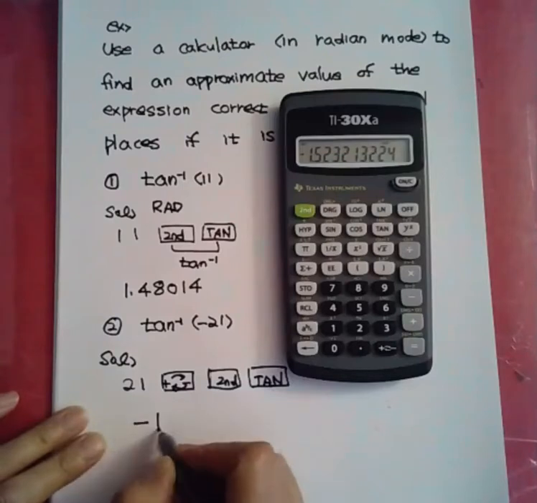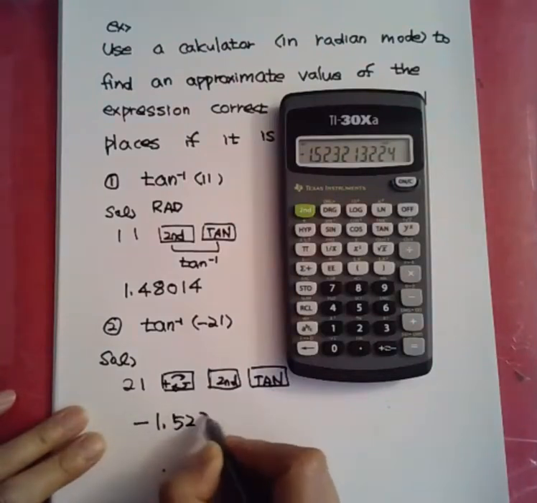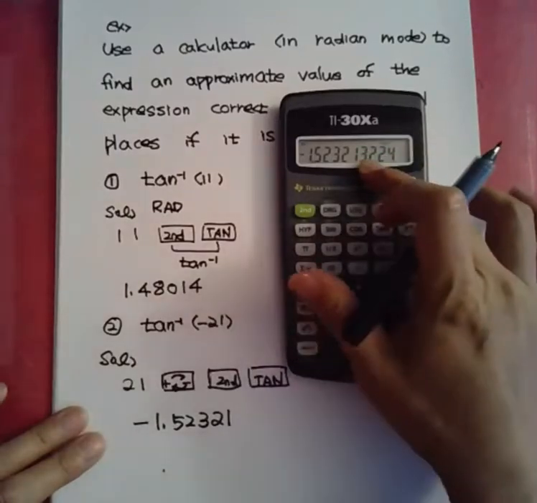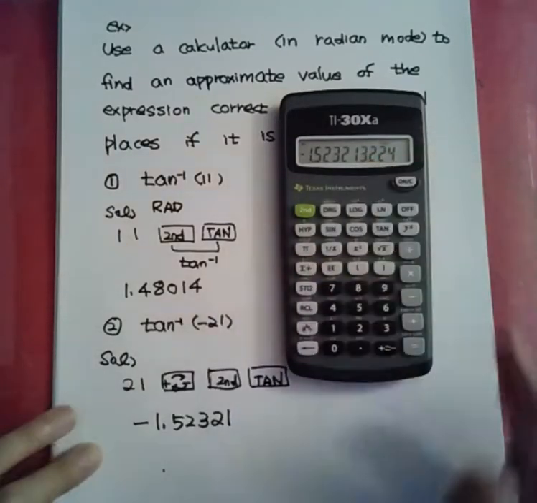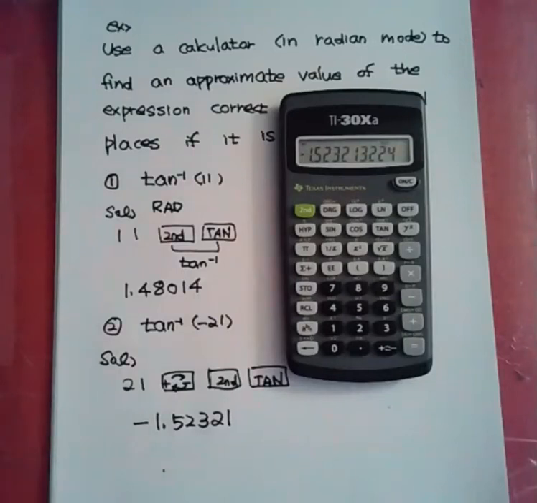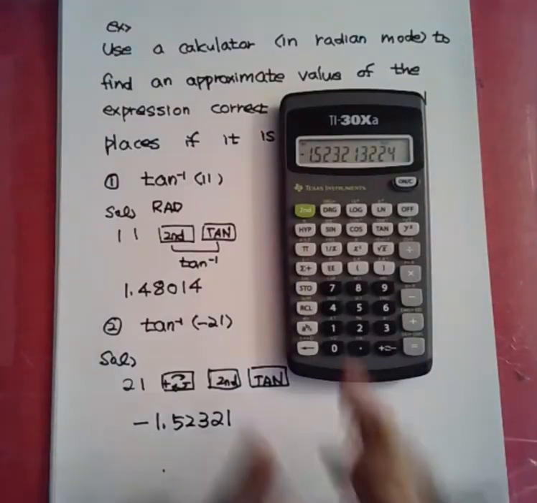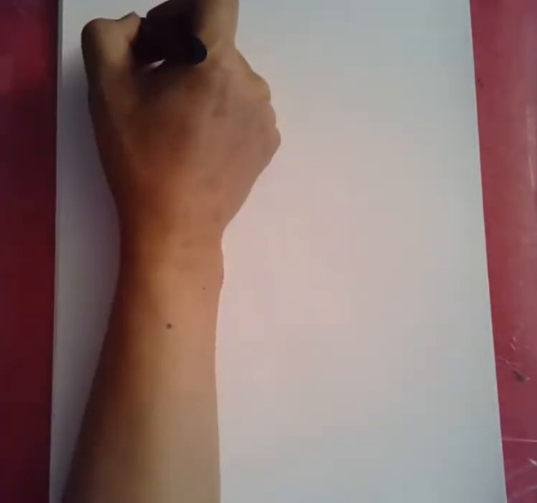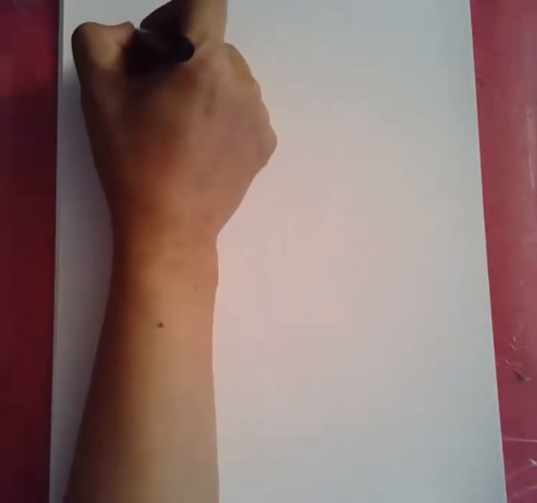So minus 1.52321 because the following number is 3, which is less than 5. Tangent function has similar inverse properties.